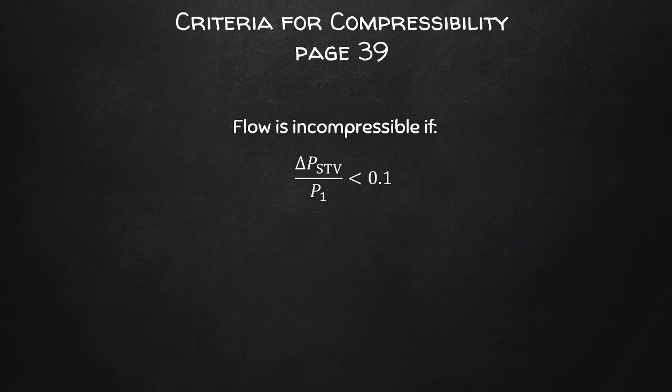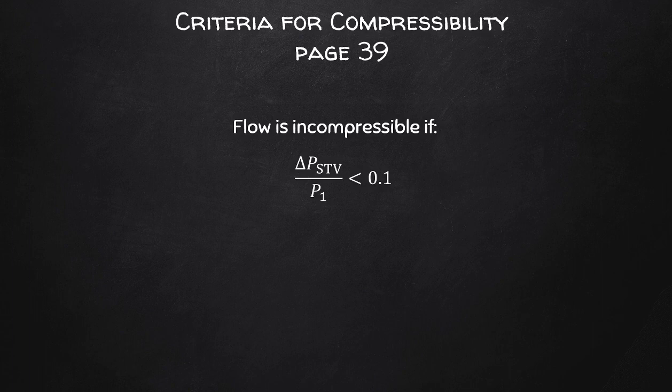Instead, we only look at what is known as the subtotal variables, which were introduced in the previous lecture. If the ratio of the change in these subtotal variable pressures and the upstream pressure P1 is less than 10%, then flow is typically assumed to be incompressible, or we could treat it as incompressible and apply our Darcy-Weisbach equations as need be.